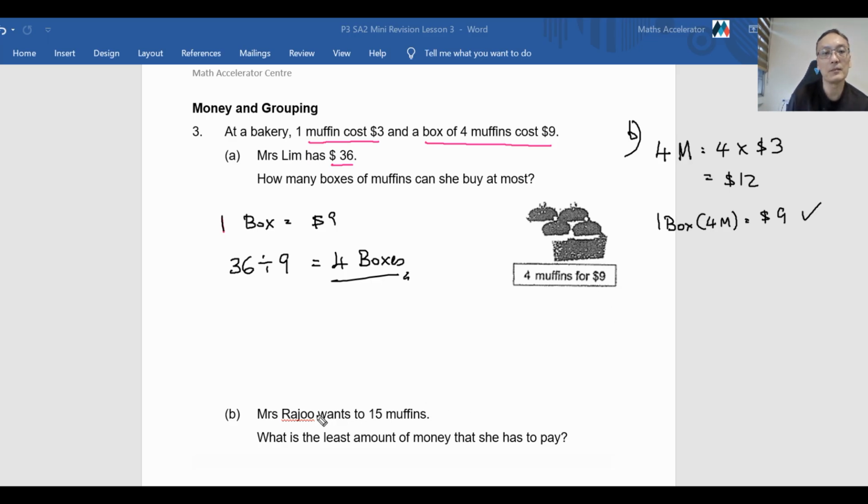Okay, next. If she wants to buy 15 muffins, just write 15 muffins here. I think you should agree with me that we should buy as many boxes of 4 as possible, right? So let's see how many boxes of 4. So here we can buy 1 box.